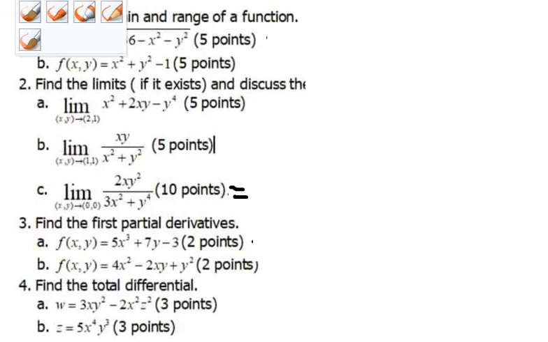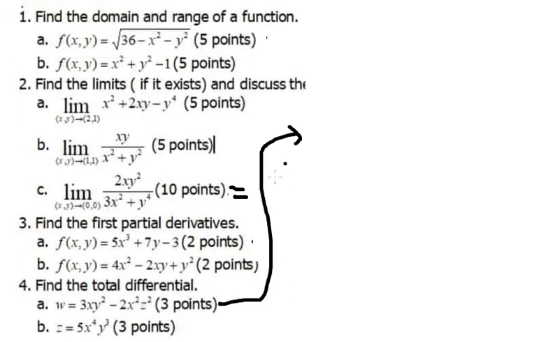The next one, total differential. So we have x, y, and z. So we do first derivative of x, y, and z. So we have dw. We do first derivative of x.